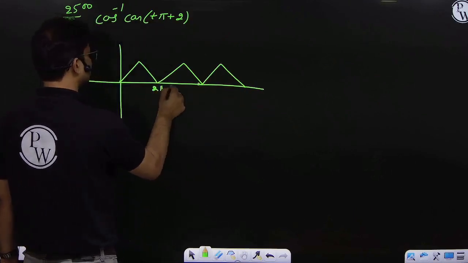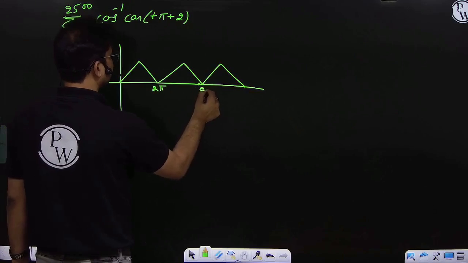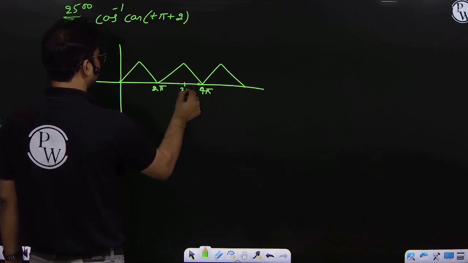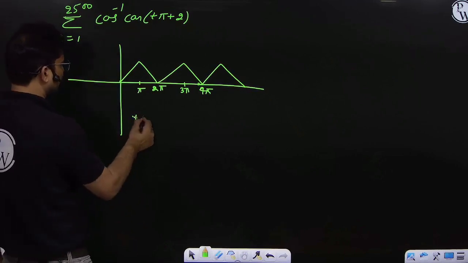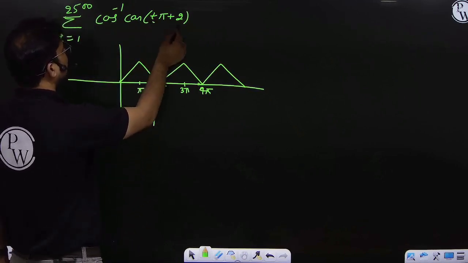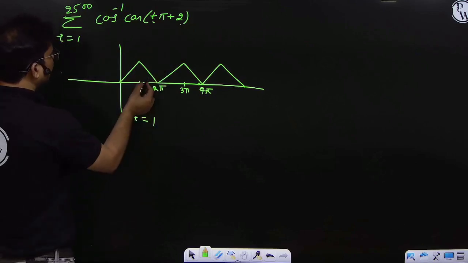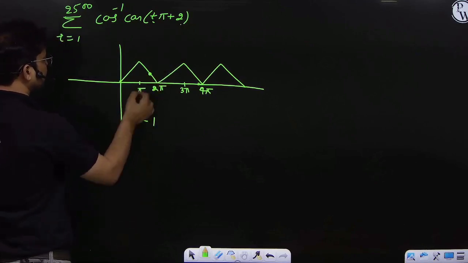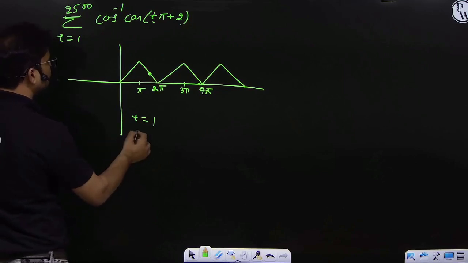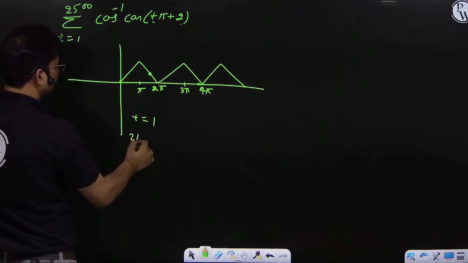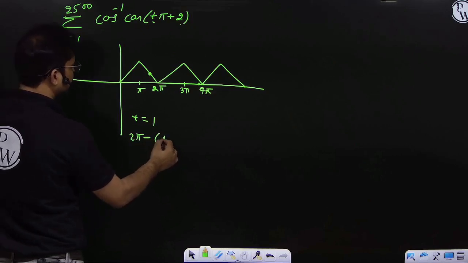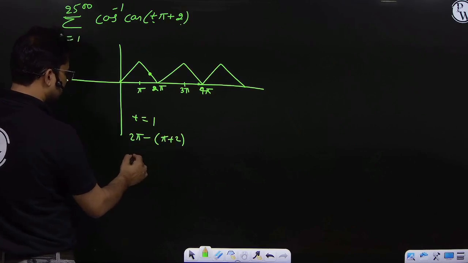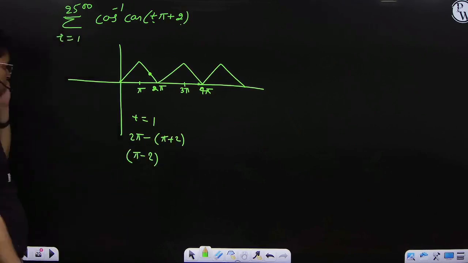And the points are pi, 2 pi, 3 pi, 4 pi. For t is equal to 1, the value is pi plus 2. Pi plus 2 will be active on this line, and the value is 2 pi minus pi plus 2, and the value is pi minus 2.